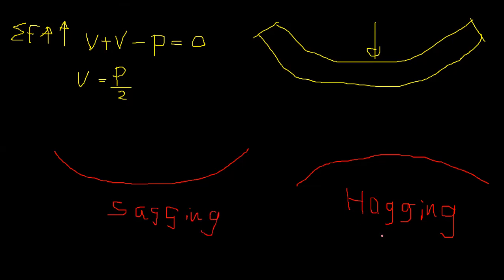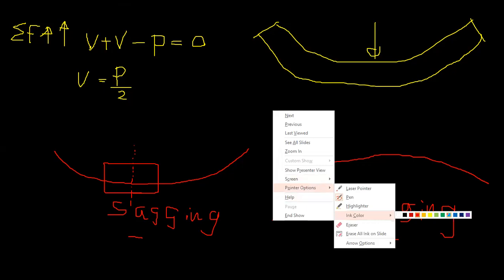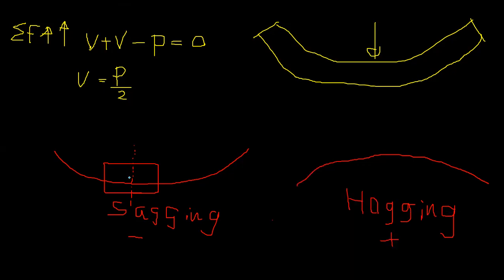So we usually call hogging moments positive and sagging moments negative, right? So think about this position. What they actually do is, if you cut this beam from here, compared to this location, this part is going to move in this way, and this part is going to move in this way.